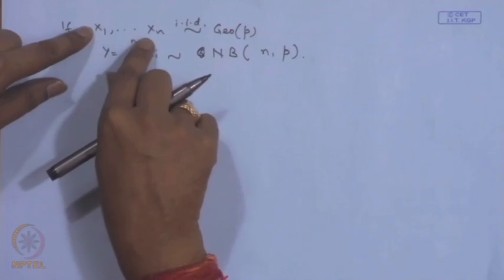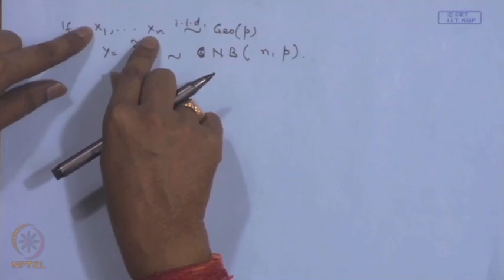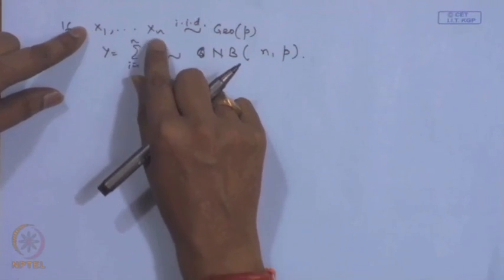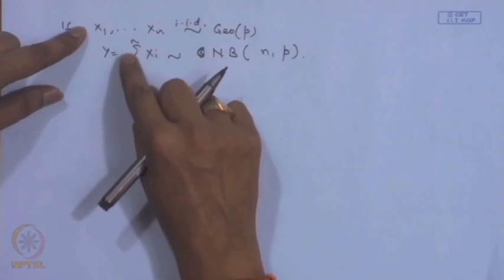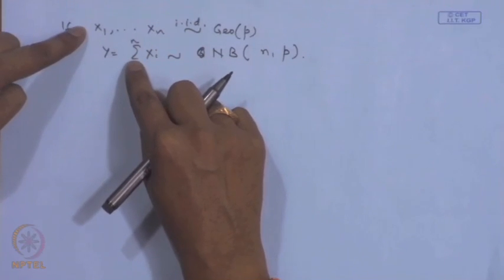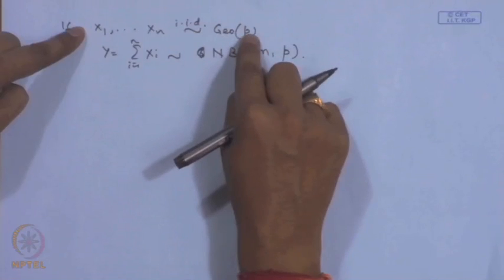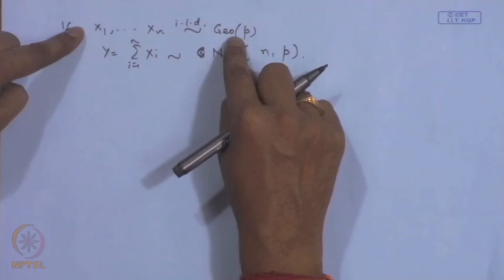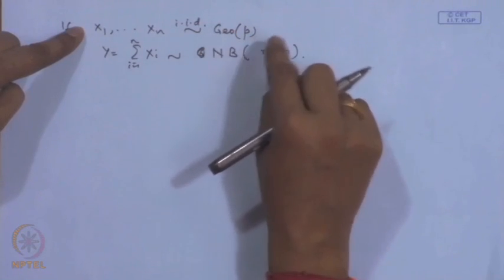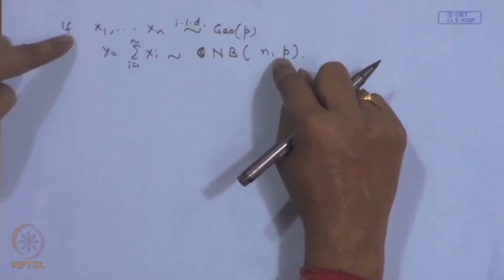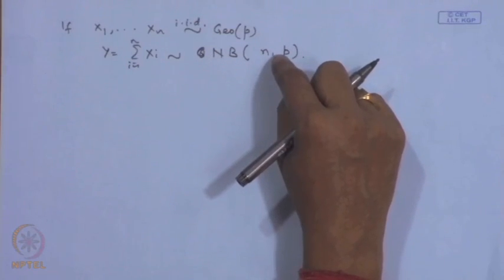So, if I consider X1 plus X2 plus Xn, what does it denote? It will represent the number of trials needed for the first time nth success is observed, and therefore, this should be negative binomial, because I am considering identical Bernoullian trials performed independently, and therefore, this will become a negative binomial random variable.